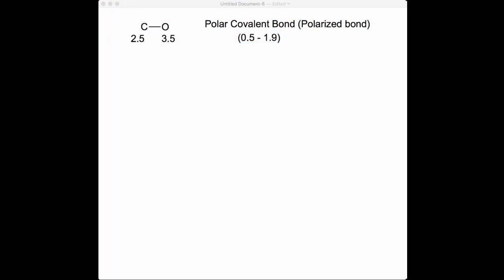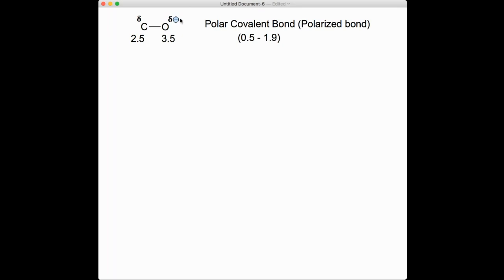So what happens here is the bond being polarized means that the electrons of this bonding will be closer to one atom, in this case, the most electronegative atom, which is oxygen, okay? So that actually means that because the electrons are not equally shared, there will be a partial negative charge over the oxygen, meaning a fraction of negative charge over the oxygen, and this fraction of negative charge is resulting once again from the polarized bond here, meaning that these two electrons are closer to the oxygen.